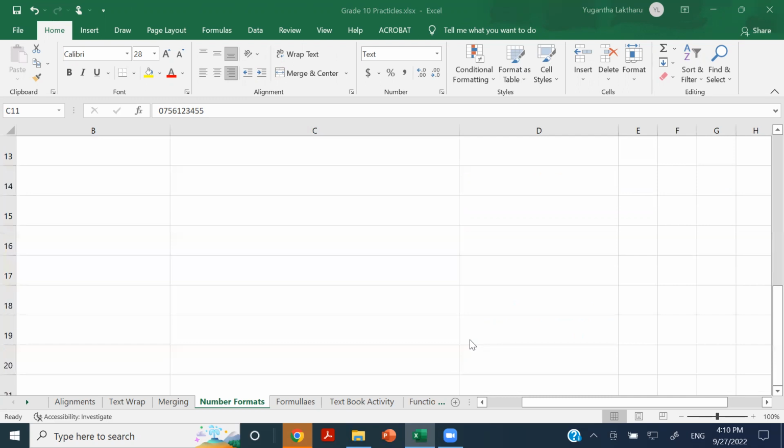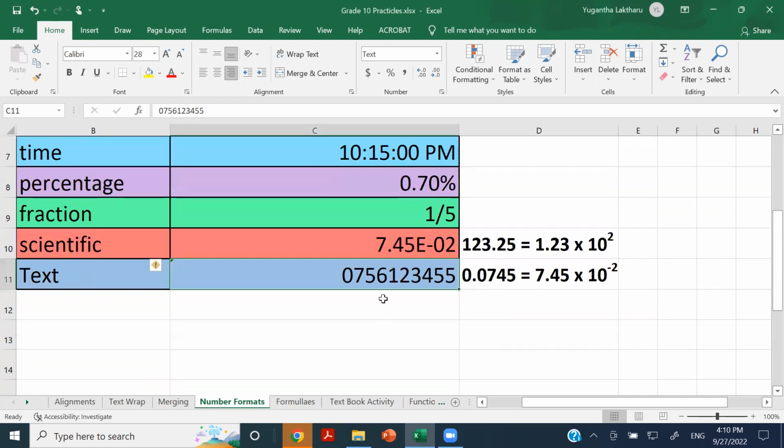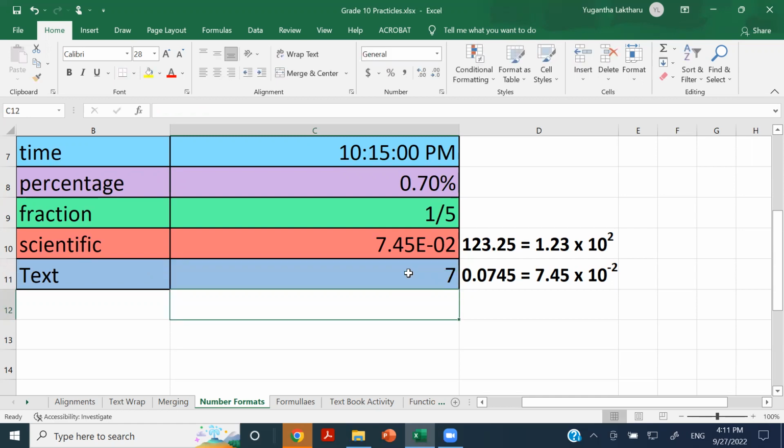Yes. Now, it's like this. When it is formatted as General, if I type, let's say, 007, it's not going to contain zeros in front of it. Because in general, preceding zeros, the more significant places having zeros, do not really have a numerical value.